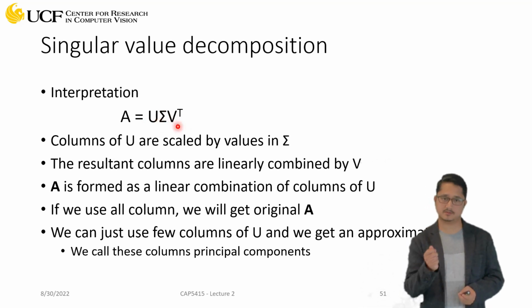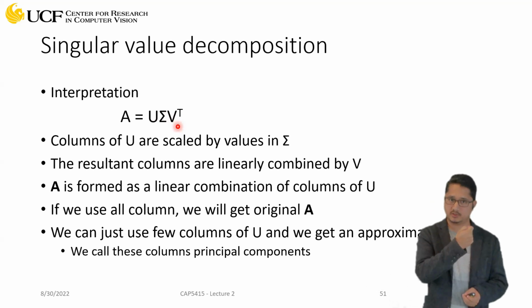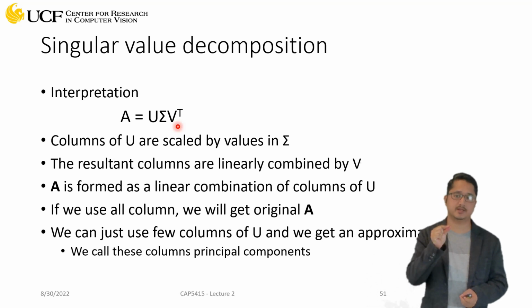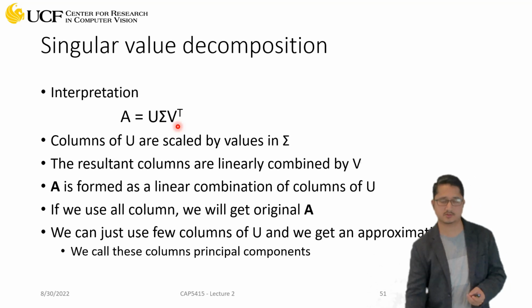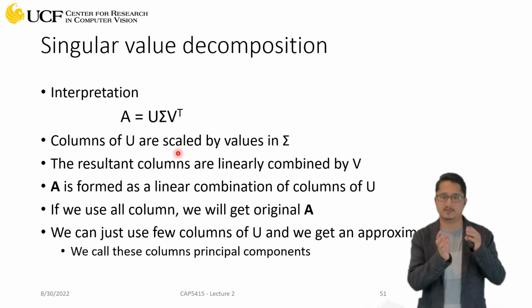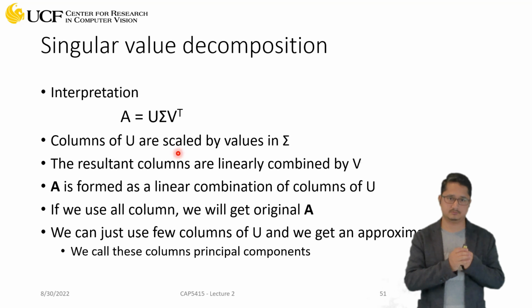Those diagonal values tell you which component is important and which is not. The magnitude of those values tells you that, and they're actually already sorted. So you use the values with high magnitude and just use those components.